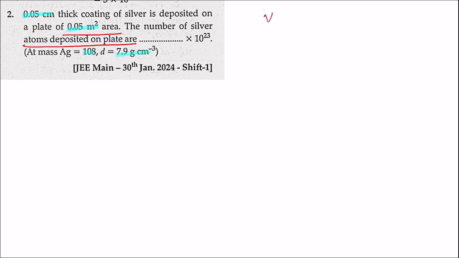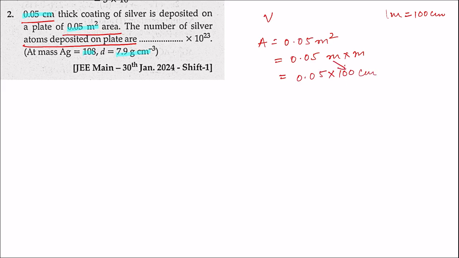So what will the volume be? The volume will be area into thickness. Now the area is given as 0.05 meter square and the thickness is given as 0.05 centimeter. So first we will convert meter square into centimeter square. So this is equal to 0.05. Now how can we write meter square? Meter into meter. 1 meter is equal to 100 centimeter. So this can be written as 0.05 into 100 centimeter into 100 centimeter. Converting the meter into centimeter, this becomes 100 centimeter. So this is equal to 500 centimeter square.